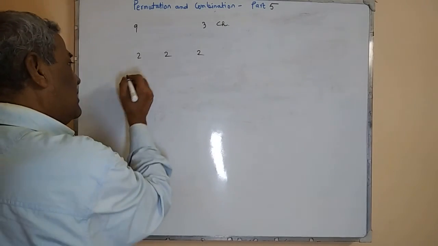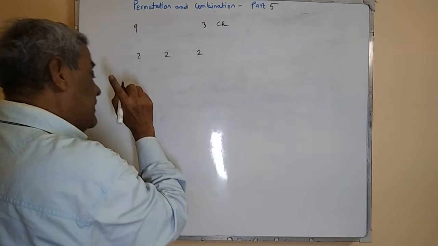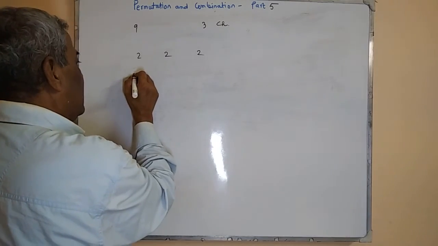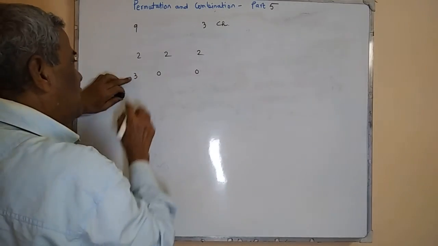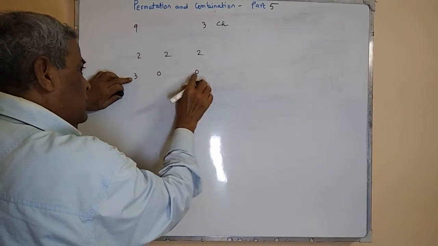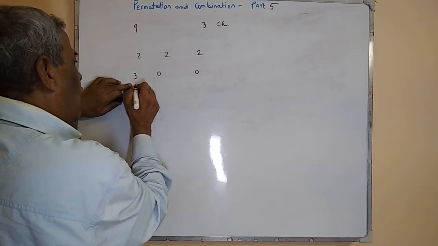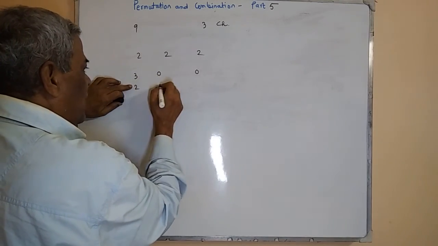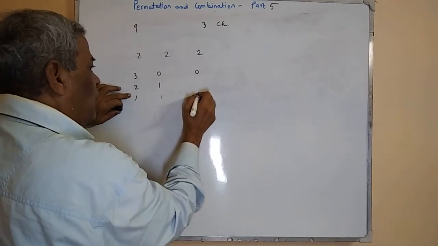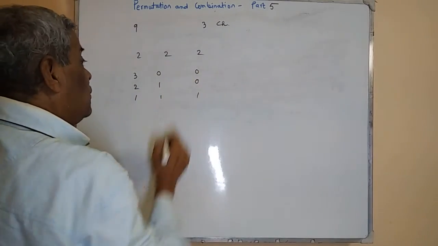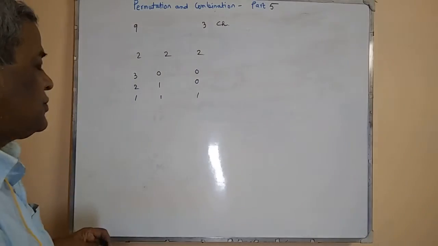We can distribute these remaining 3 balls as 3-0-0, or 2, 1, and 1, 1, 1.